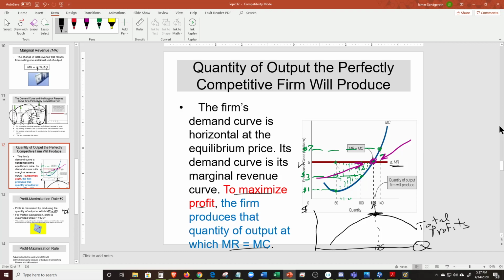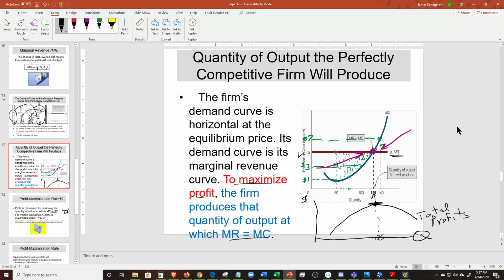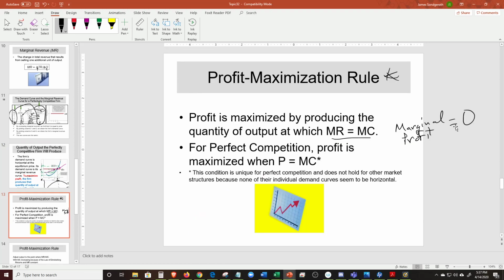If you ever take a calculus course, you can find maximums and minimums by taking the first derivative and finding the point where the marginal value, the first derivative, is equal to zero. That's for all of you who are taking math for business and economics or some calculus class.